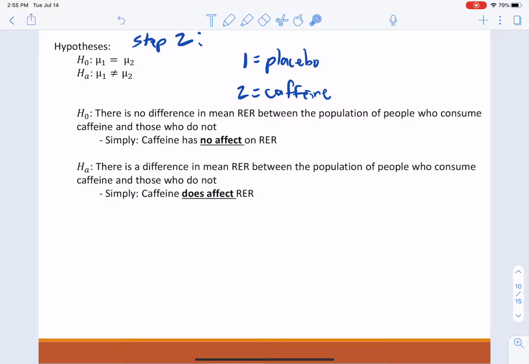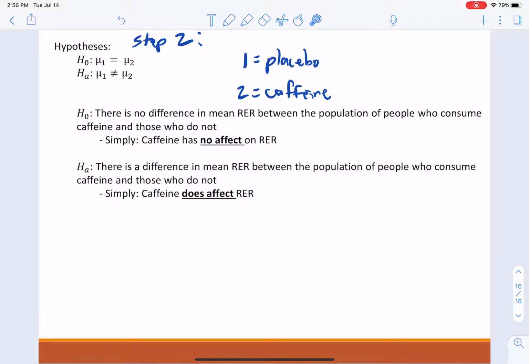In English, we could say all this, but since we're effectively making sure that the two groups are about the same, they're all males, probably young, probably pretty similar, nothing too crazy between each person, we could simply say that our null hypothesis is that caffeine has no effect on RER, that the placebo and the caffeine groups had an identical outcome, even though we initially saw that the means were slightly different.